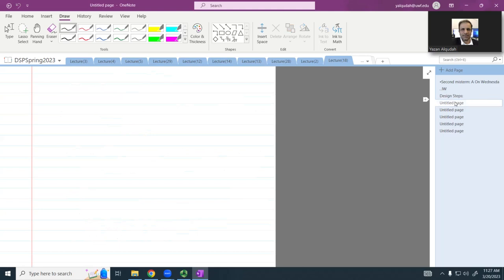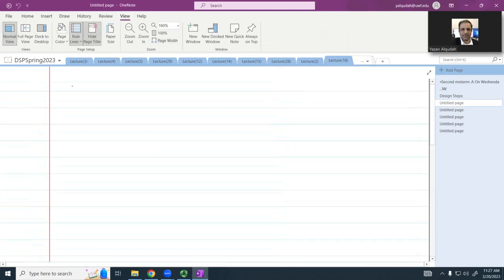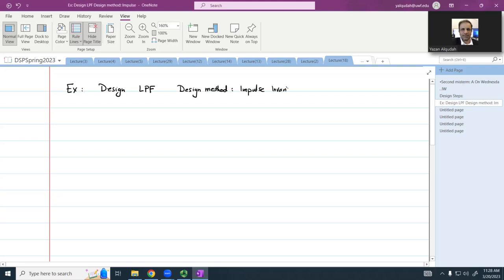In this example, we're going to design a low pass filter, and the design method is impulse invariance. And the filter type, we want to design a Butterworth filter.